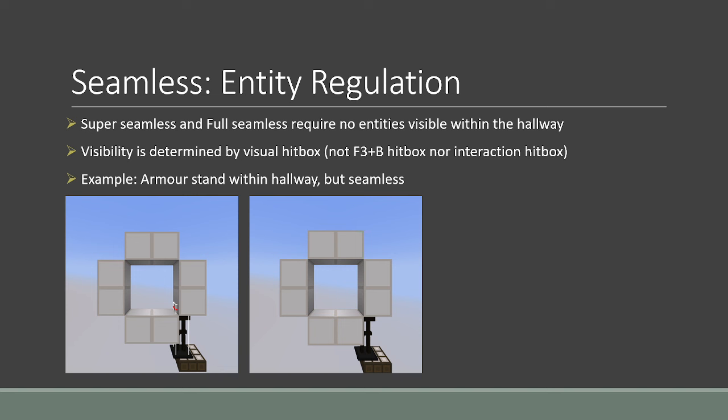And hence, we can call this seamless when open. So that's a key point to note on entity regulation. We only care about the visual hitbox under common consensus. So, yeah, that's all for the seamless terminology. Thank you for watching, and I'll see you in the next video.